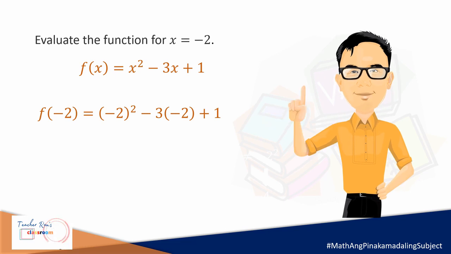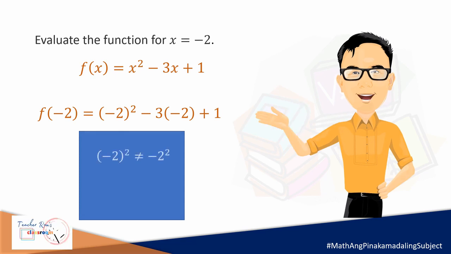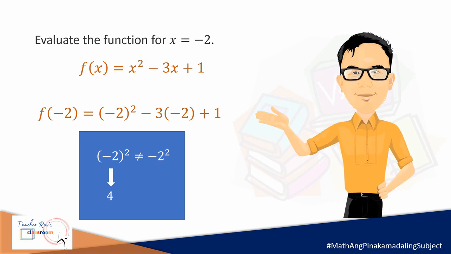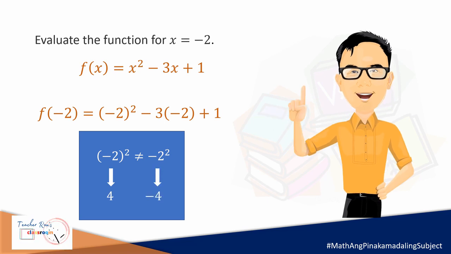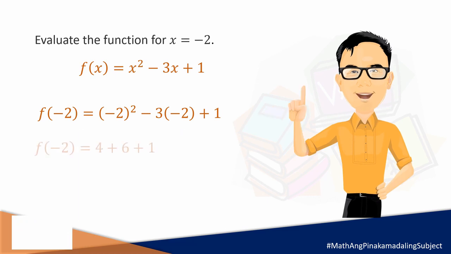Tandaan, mahalagang ilagay ang ating value sa loob ng parenthesis. Because (negative 2) squared is not equal to negative 2 squared. If we have (negative 2) squared, it is equal to 4, while negative 2 squared is equal to negative 4.